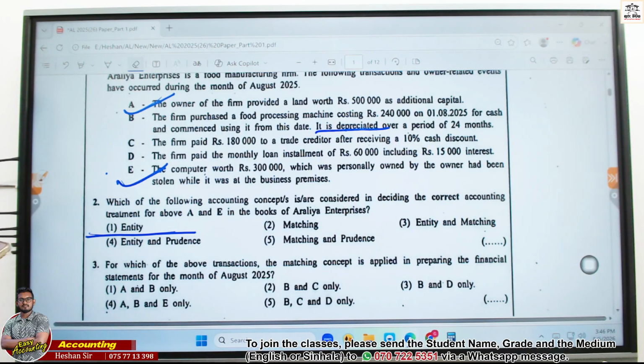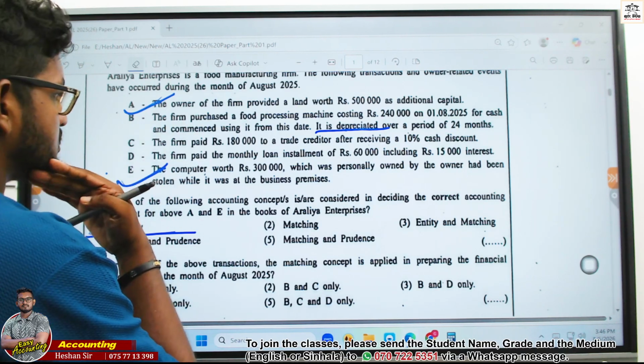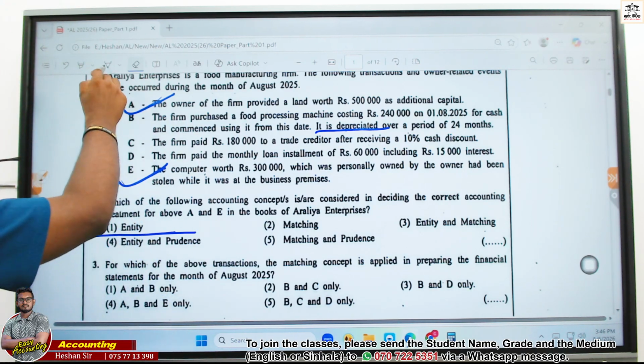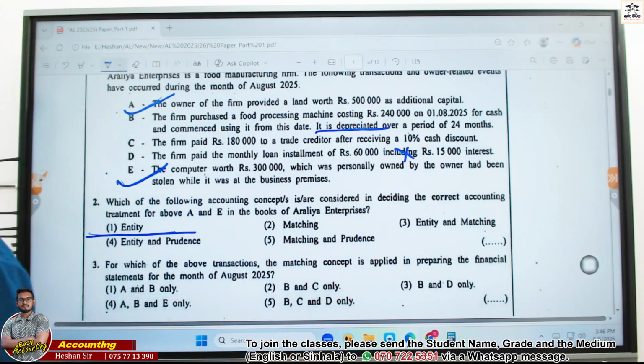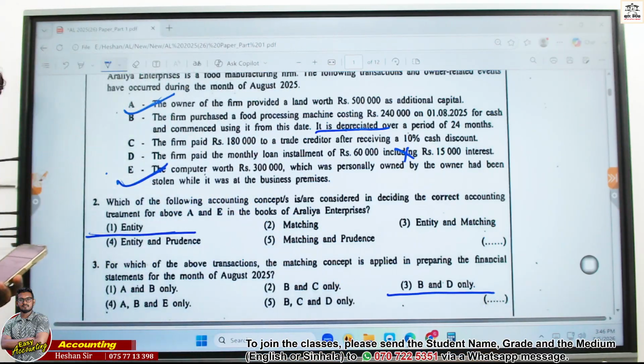So B, there is a depreciation, we match it against the expense, right? Bank loan installment 15, right? So B and D only.